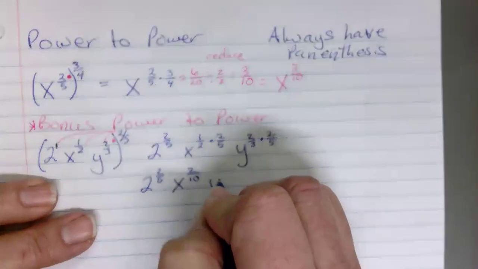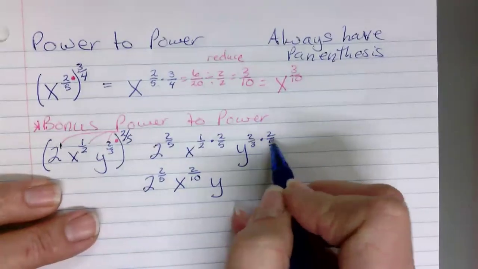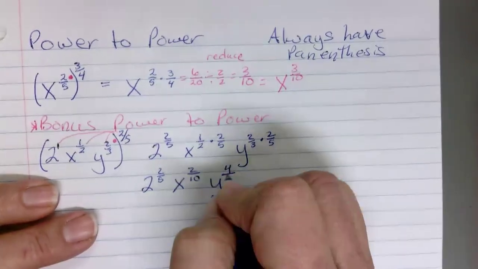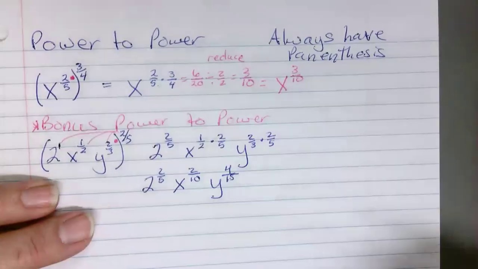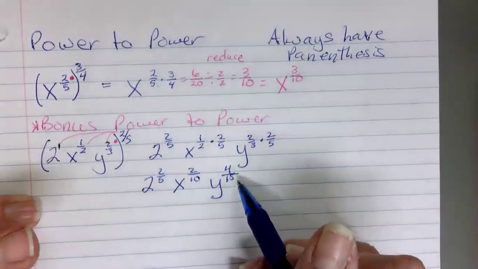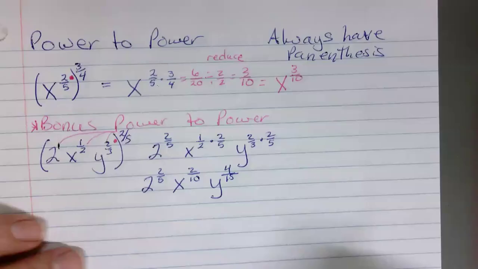Then we have y to the 2/3 times 2/5. So 2 times 2 is 4. 3 times 5 is 15. And then we think about, can that be reduced? They're not both even. 3 does not go into both of them. 4 does not go into both of them. So we're done. They won't reduce. But the 2/10 will.